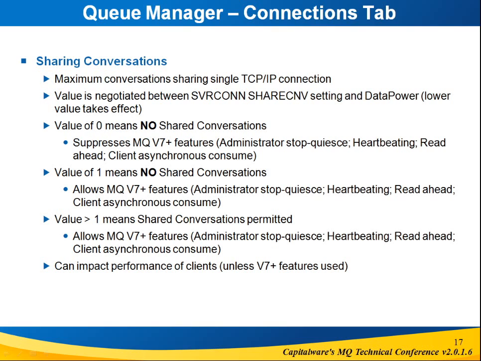Now, if you are not using these advanced features, the version 7 and above features, it can impact the performance of the front side handlers on the DataPower box. In other words, those advanced features can have an impact if you decide not to use them effectively.